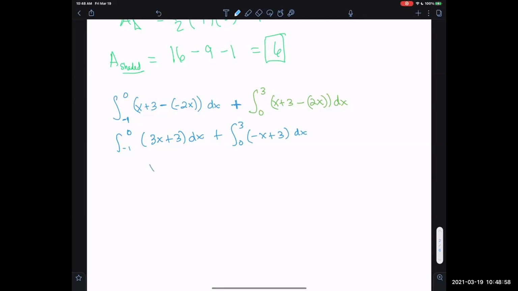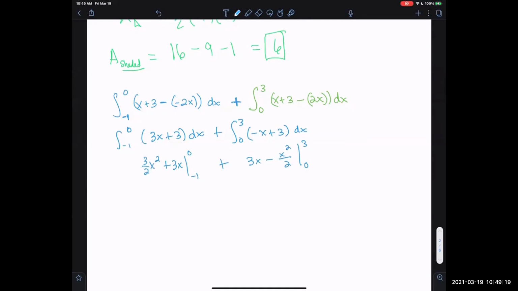So I've got 3/2 x squared plus 3x from negative 1 to 0 being added to 3x minus x squared over 2. I like leading with a positive. It's not imperative, but I like it. And now I just got to plug in and evaluate.